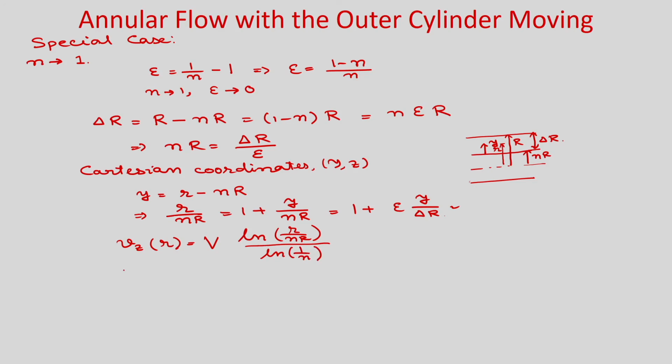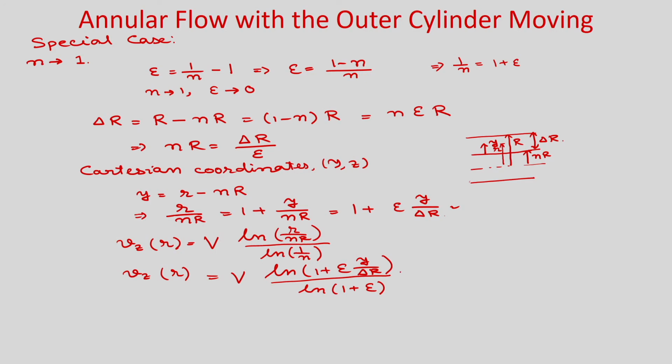So, if you put in this expression, then Vz you can write as v into ln of r by nr, which we are substituting as 1 plus epsilon y by delta r, divided by ln 1 by n. Okay. So, 1 by n you can see from here, we can write as 1 plus epsilon.